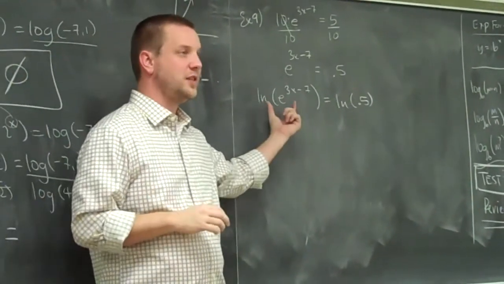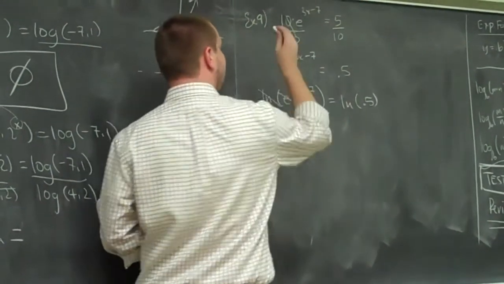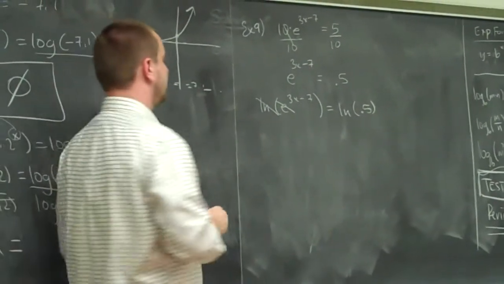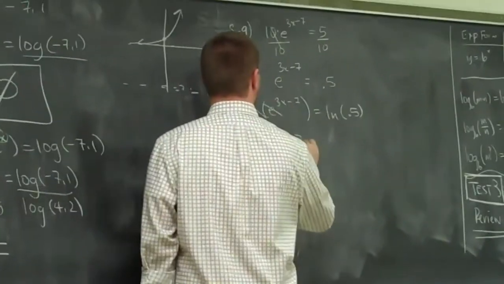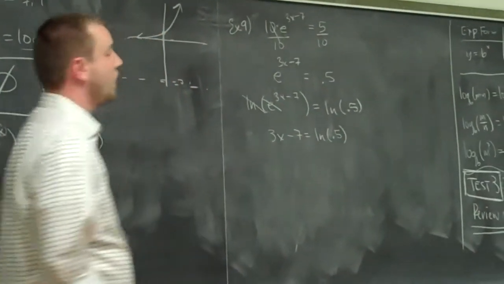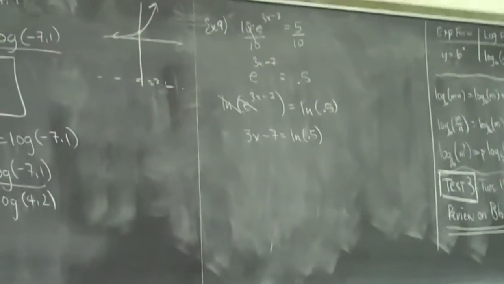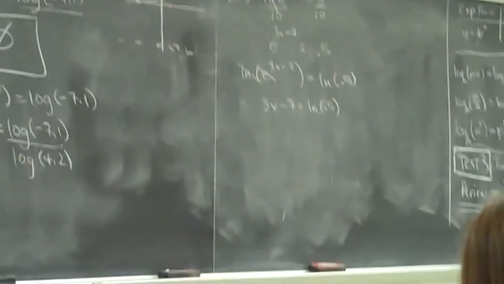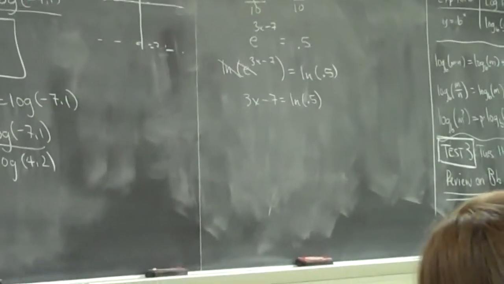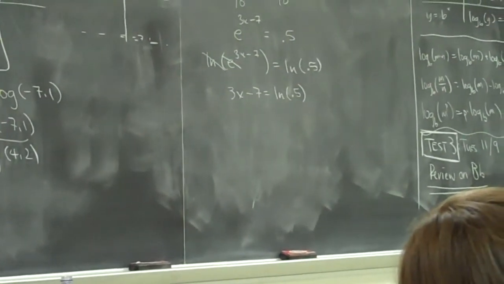These are inverse functions that cancel each other out, and I'm left with just the 3x minus 7. And solving for that x should be second nature. Especially if you think of the natural log of 0.5 on the other side as just a number. I've got 3x minus 7 equals a number. What would you do to solve for x?